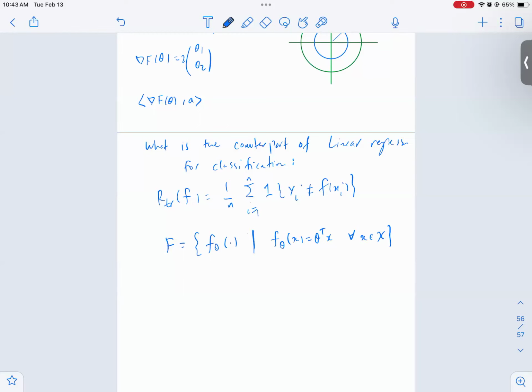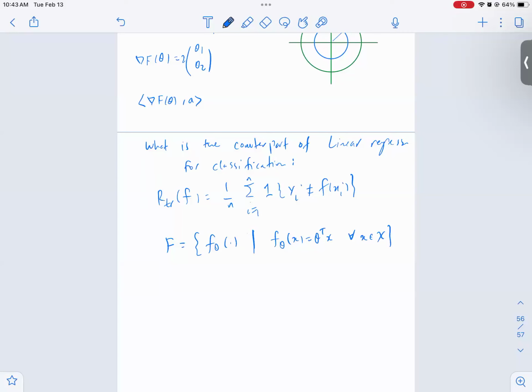Can anyone see the immediate issue with this? I want f to be 0-1 valued. Right? So this is not 0-1 valued, and it's actually unbounded.